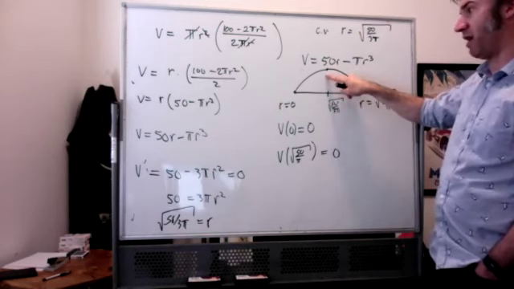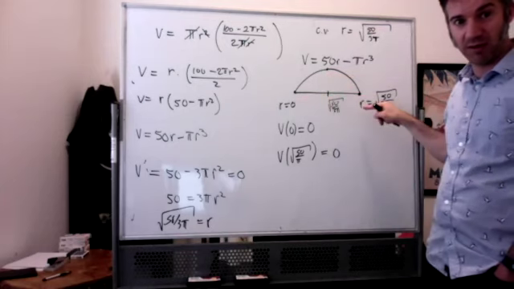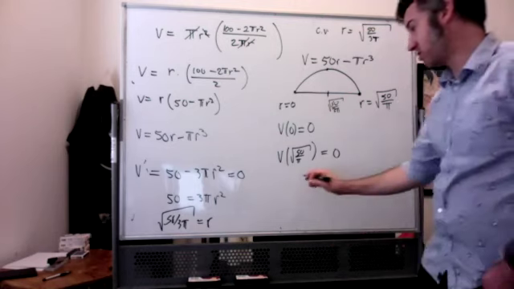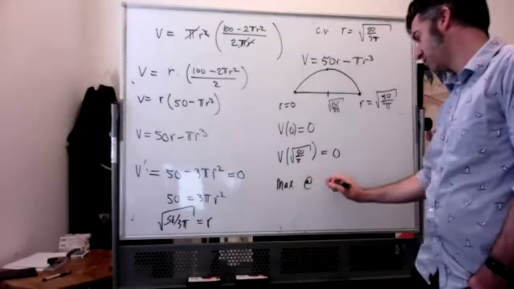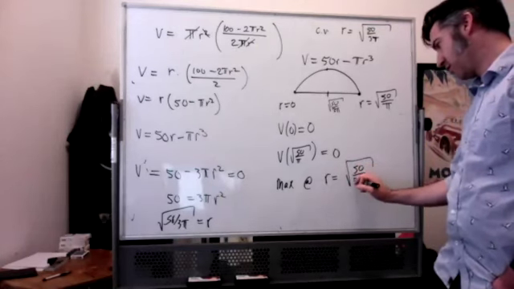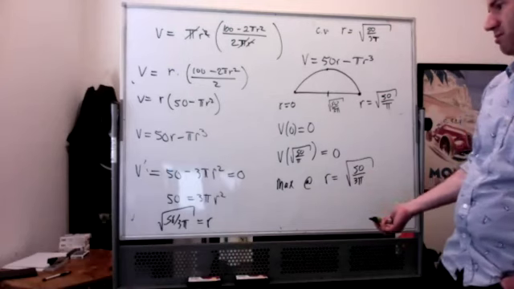Well, that positive value is the only one that can be the maximum, right? It can't be those endpoints there. So that's another way people verify that you have a maximum. So we definitely do have a maximum at r equal to the square root of 50 over 3 pi. I think it's got 3. That's 3 pi down. No, I guess that's right.